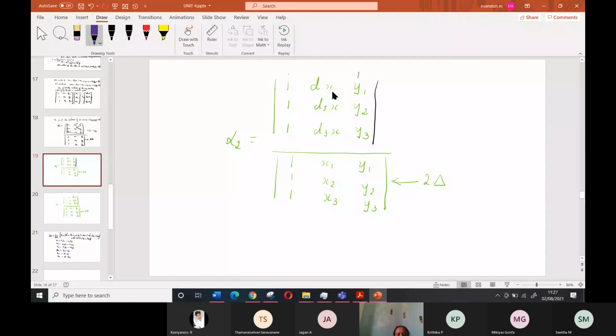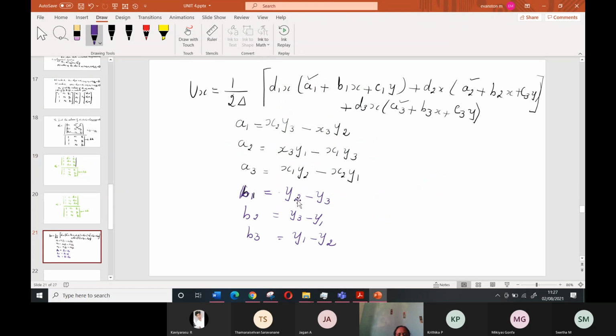When you are taking that along with that you will have a minus sign, no? So when you are taking this one, you will get y2 minus y3. This is correct.